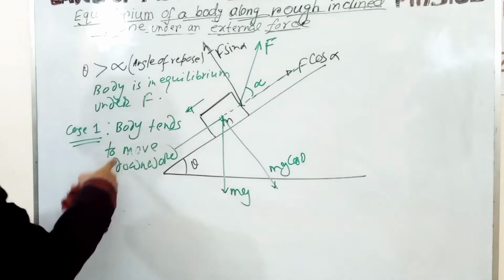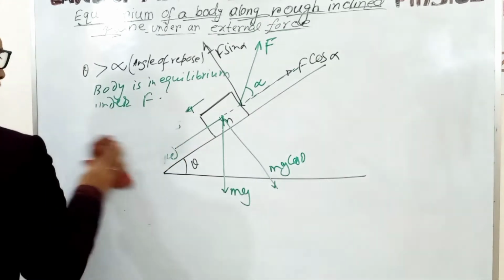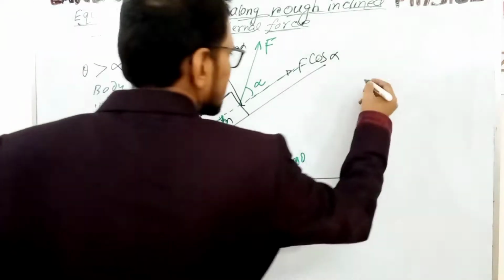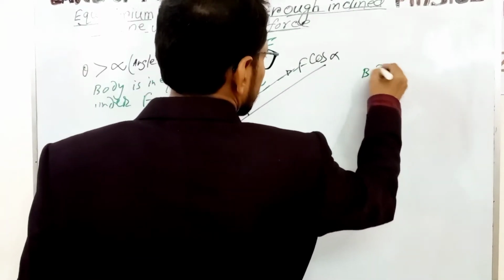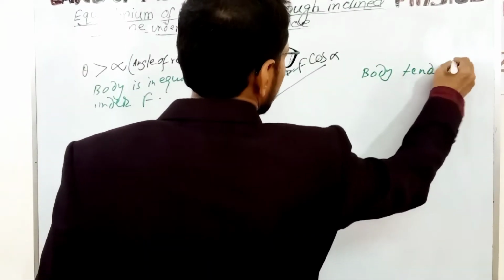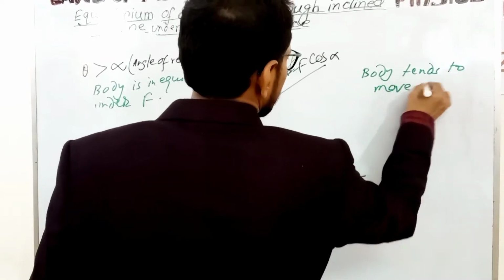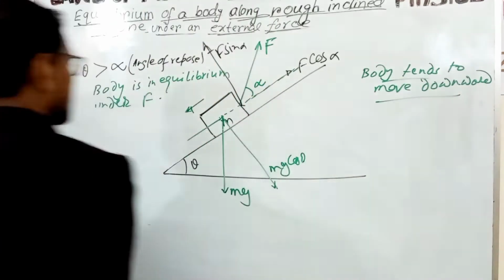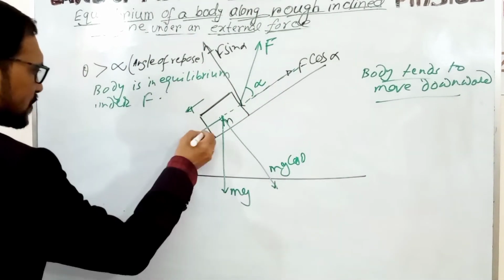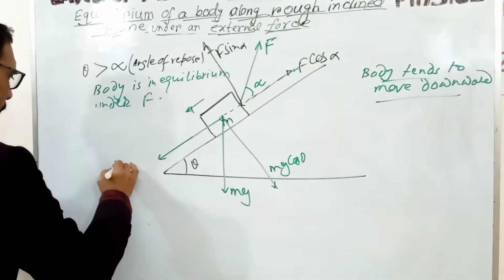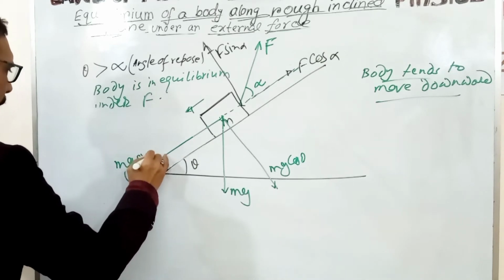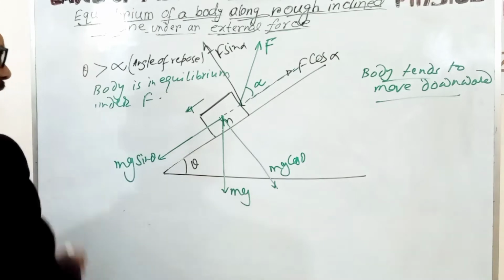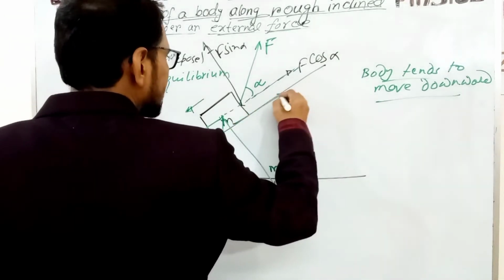Now the case is that the body tends to move downward. Consider mg cos theta and mg sin theta. Since the body tends to move downward, the friction force acts in this direction.